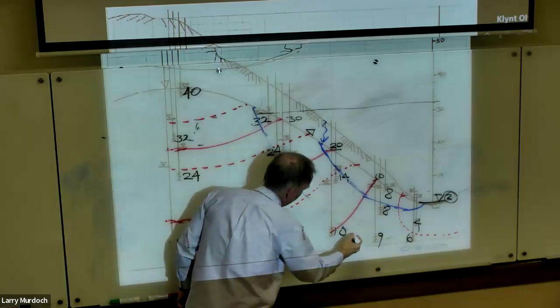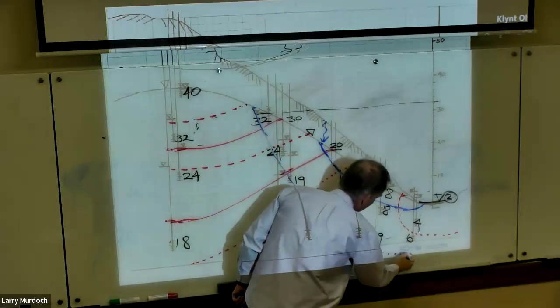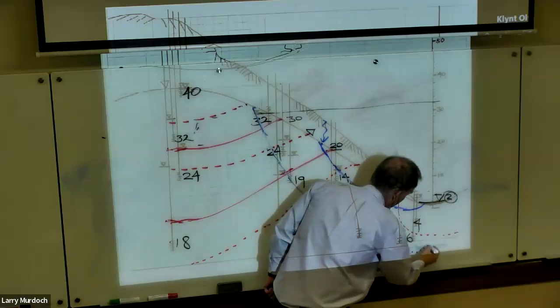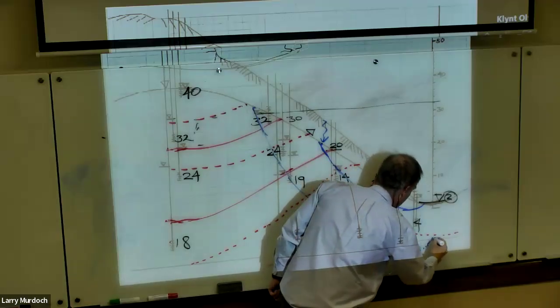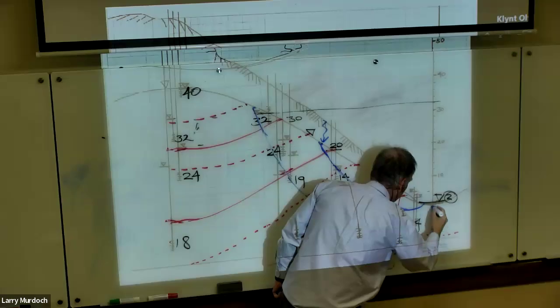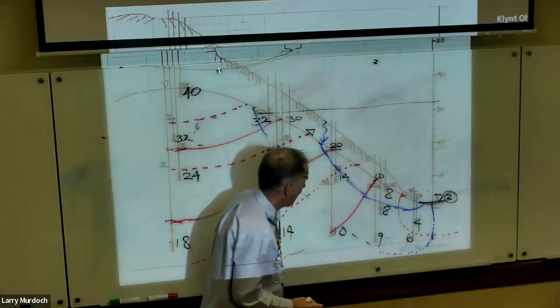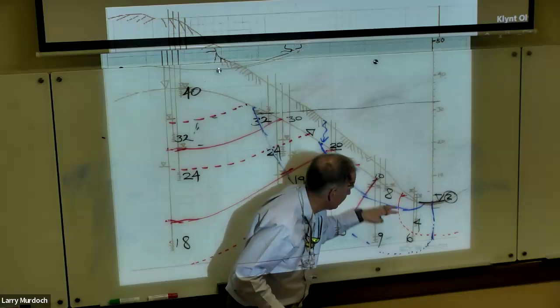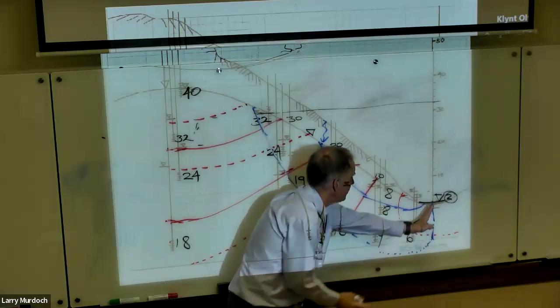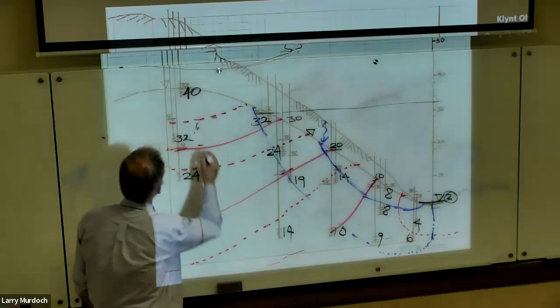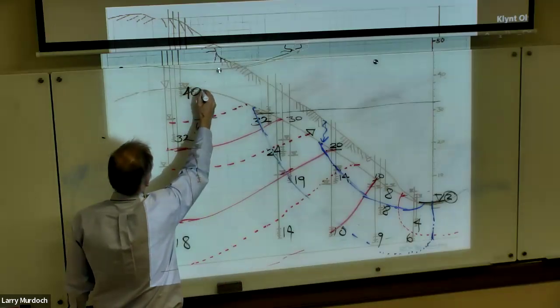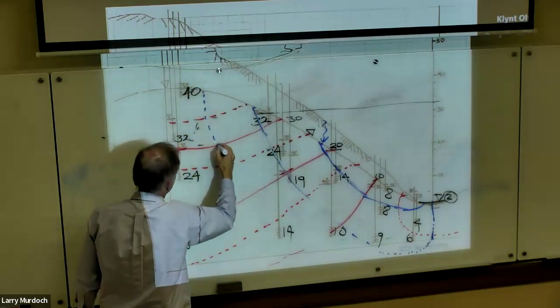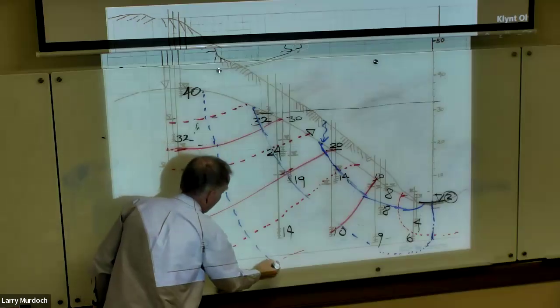This curving down, and it's going to go off the page and then come back up here and then be perpendicular to that. Okay, so this head contour curving around is because the flow is converging and going to the stream. And then we have another one up here near the divide, and it's coming like this and going down.